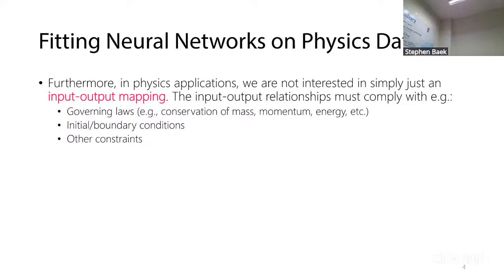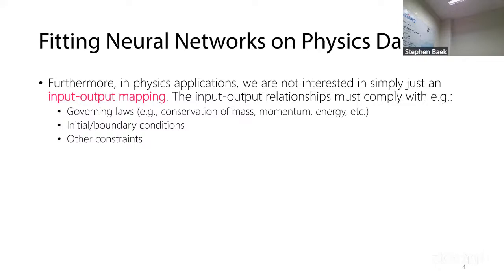and it doesn't necessarily have any constraints, or it doesn't follow any governing equations or principles. And what that means is, once the model is trained, you cannot really trust if the model prediction is reliable or not.